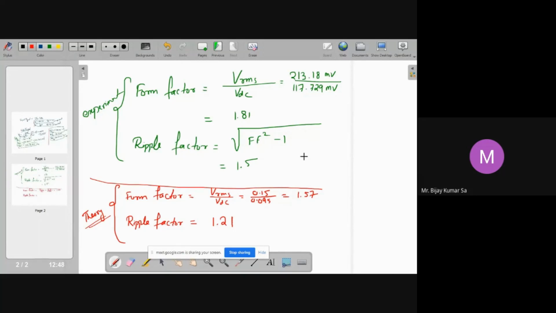So we'll refer to all this calculation at a later stage when we'll be comparing the half wave rectifier with the full wave rectifier, and we can deduce which rectifier is better, and how the comparison leads us to the conclusion that full wave rectifier is better than half wave rectifier.